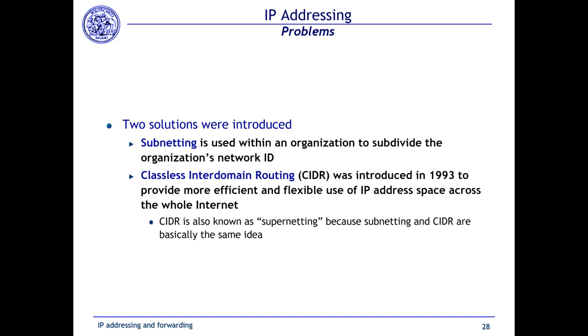And so the classless interdomain routing was introduced later, which is a generalization of subnetting. Now we will have a look at subnetting, and then also at CIDR, to understand how this classful system can be overcome.